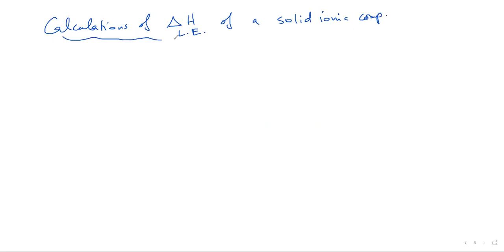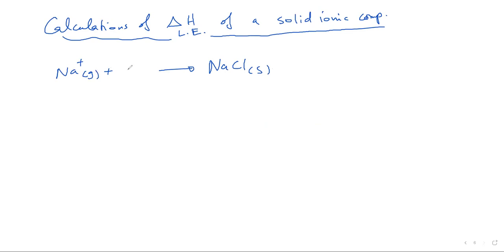we said from the definition, the lattice energy is when a solid ionic compound is formed from its ions in the gas state. This is called the lattice energy.